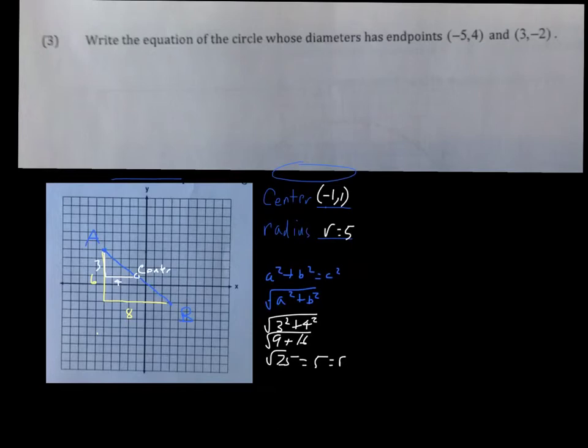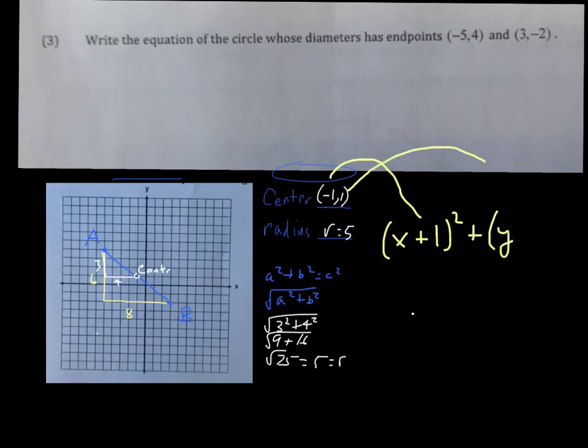Figure out what the equation is going to be, and perhaps you'd be able to type it into the computer. If not, just pause the video and wait to see what I got. Alright, so the answer to the question would be x plus 1 squared. I took the opposite of -1 and made it +1. With the equation of a circle, it's going to be plus again with a y.